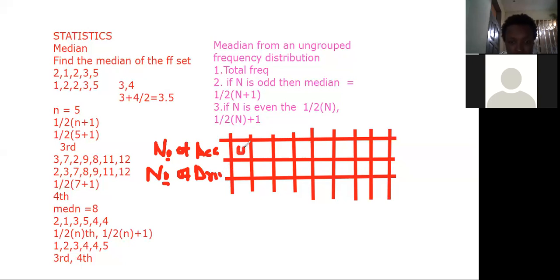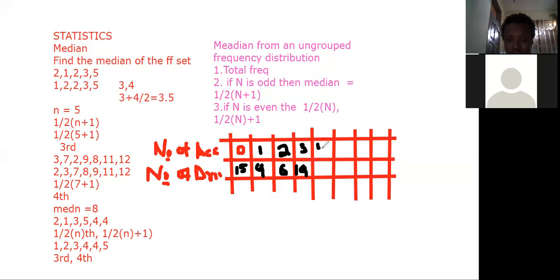Now here is 0, here is 15. Here's 1, here's 9, here's 2, here's 6, here's 3, there's 19.